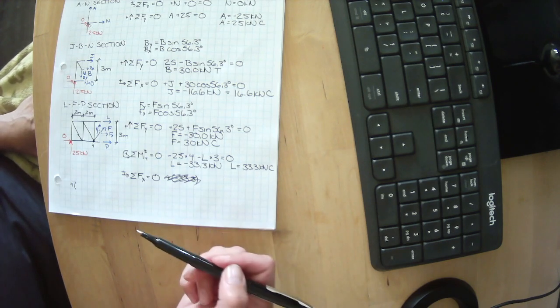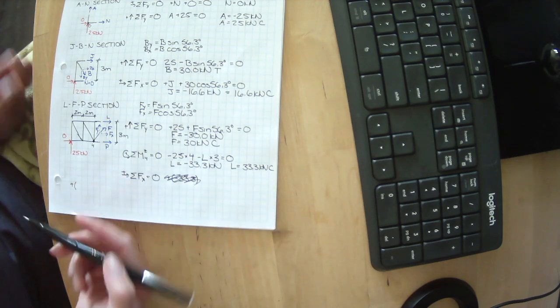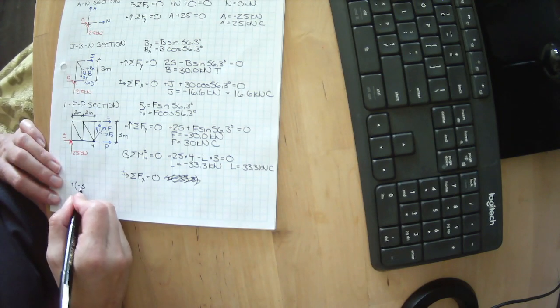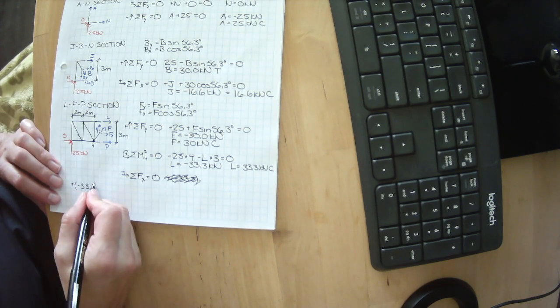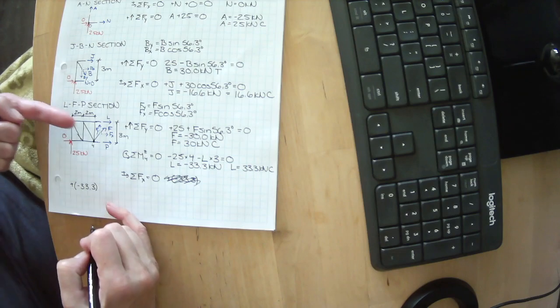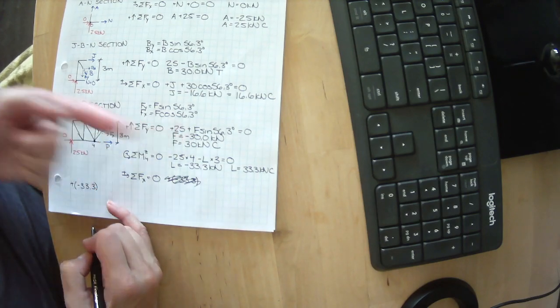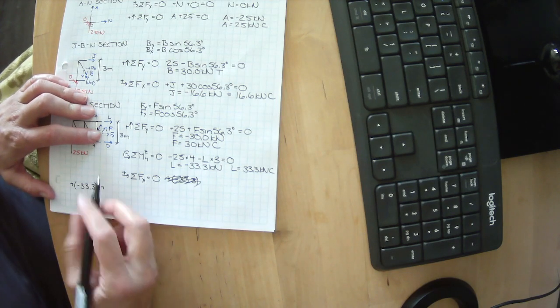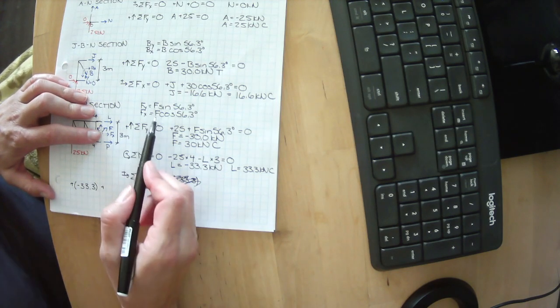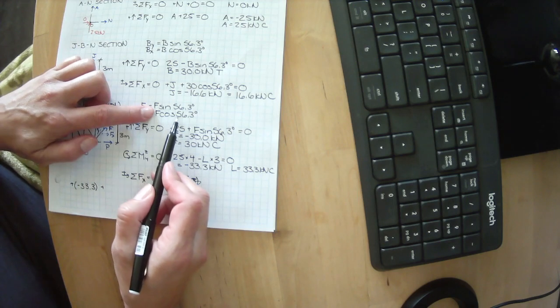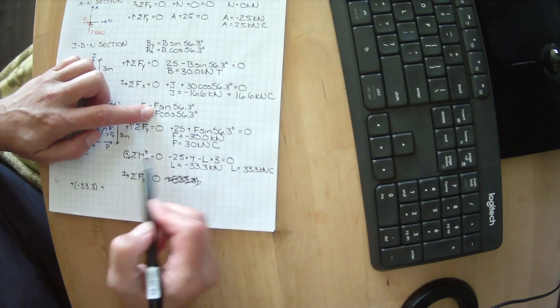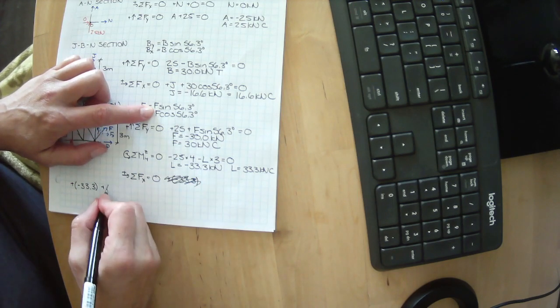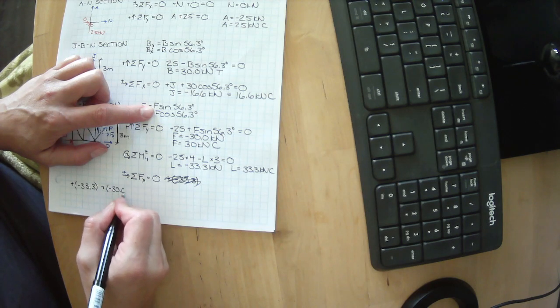Either way, we would get the same value here. We have Fx going in this direction, which is positive. Fx can be F times the cosine of 56.3, and we've solved for F, and we know it's minus 30.